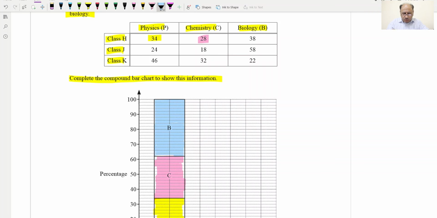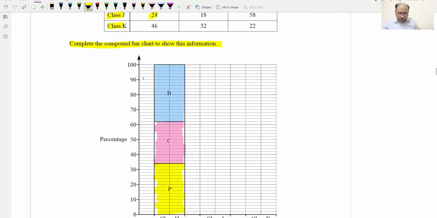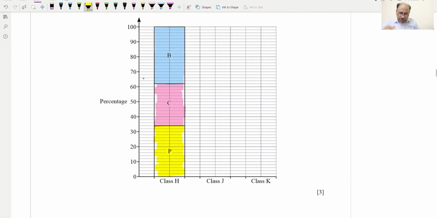Now we have to do the rest of the two, and first we will do J. Physics is 24, so we will draw 24 first. Each space is equal to 2, so this much space is for 2.